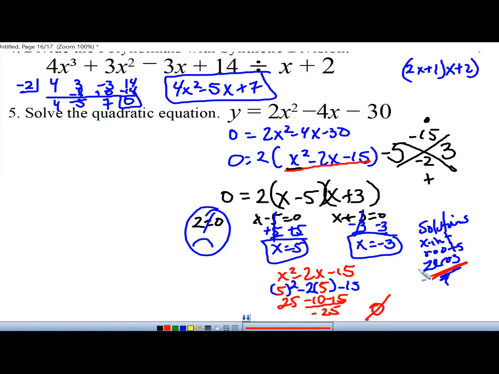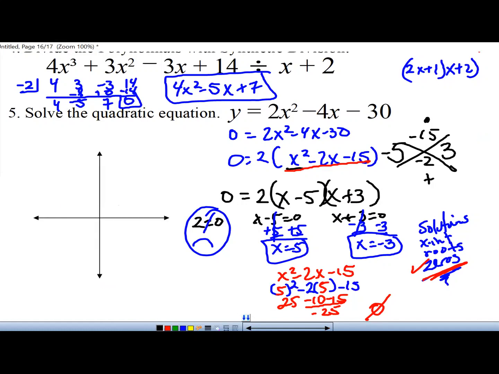That's why they're called what? Zeros. What does that mean, Mr. Q? That if we were to substitute these into the original one, we get 0. That's why they're known as zeros. Any questions with that? So that's one thing. Also, if I was to graph a parabola, look up please.